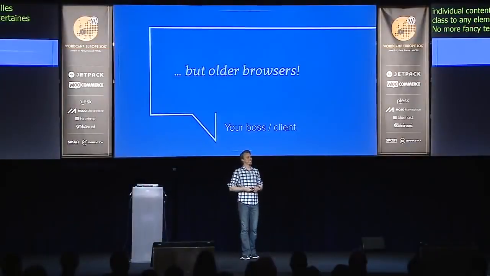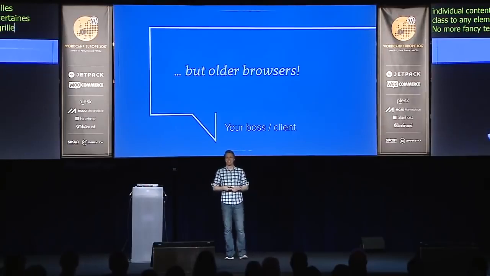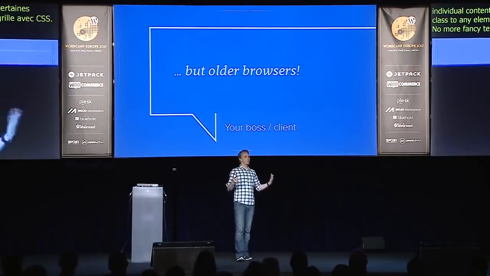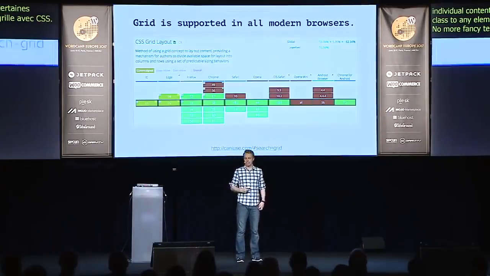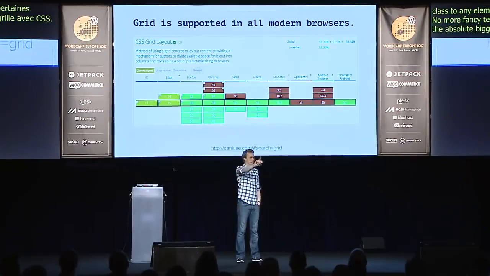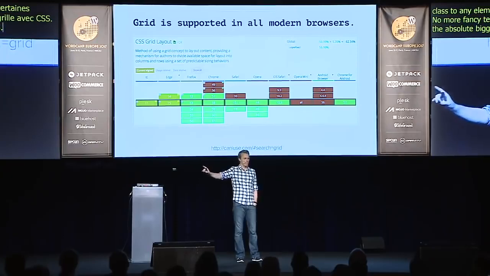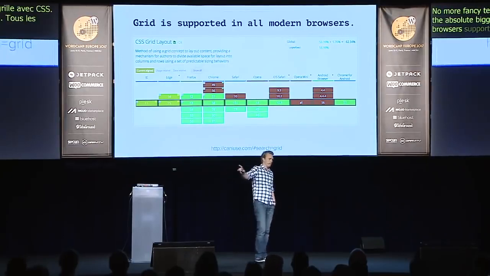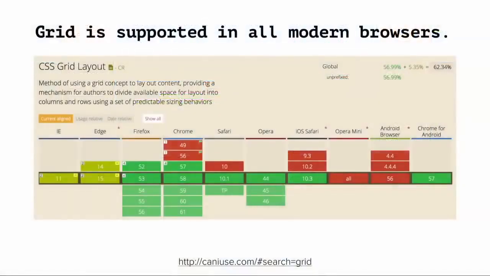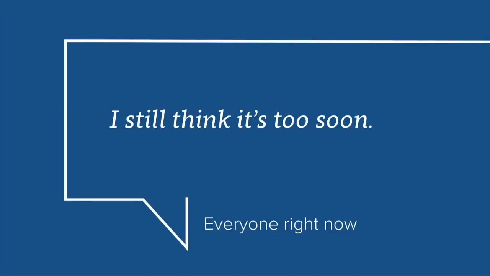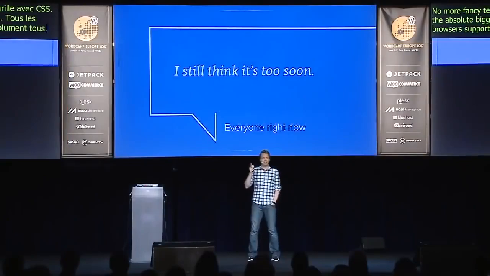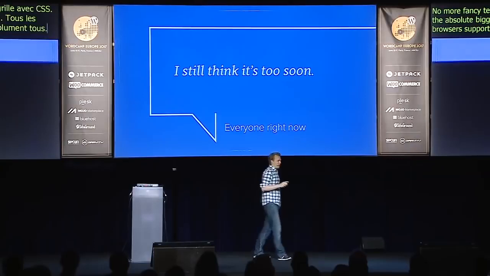But older browsers. This is the absolute biggest argument against CSS grid. First of all, modern browsers support CSS grid now. Every single one of them. There's an issue, but I'll get to that in a second.